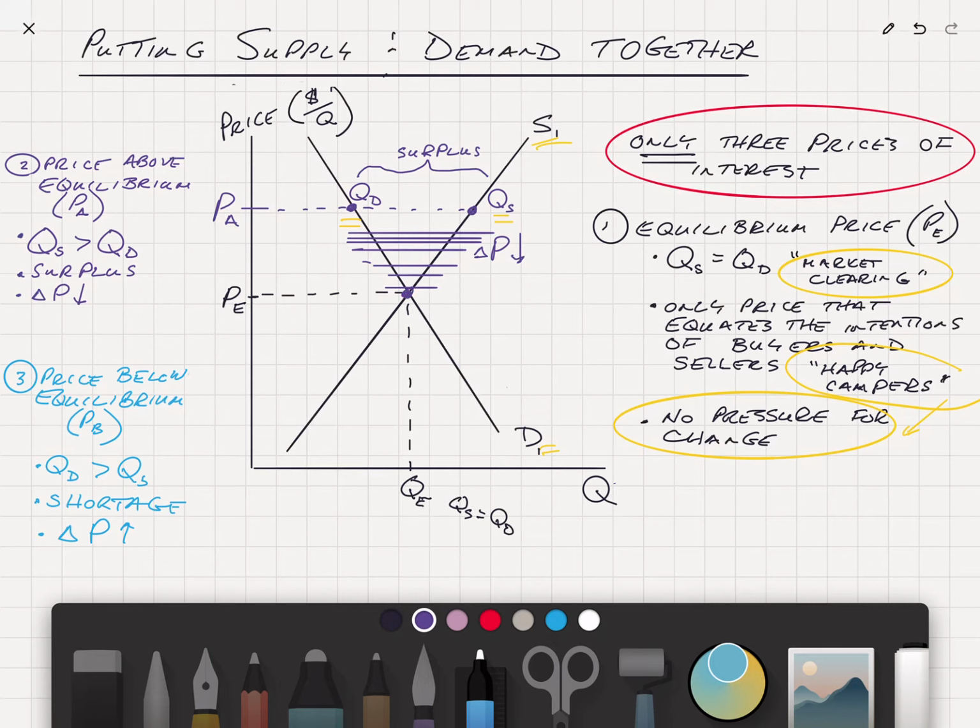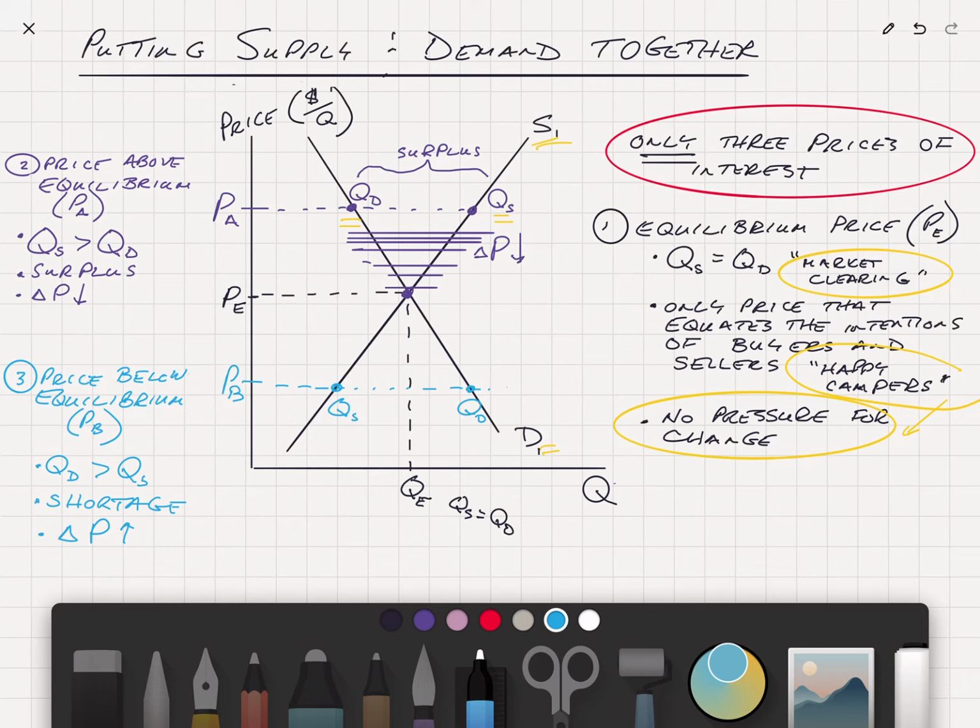The third price that we're going to talk about is a price below equilibrium. Pick any price below equilibrium and run your price line across. Find out where it intersects the two curves. It hits your supply curve first, so here's your QS. It hits your demand curve second, so here is your QD.